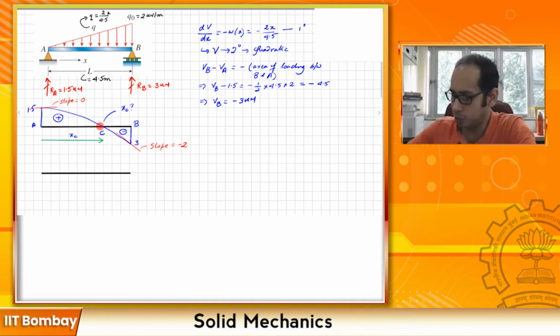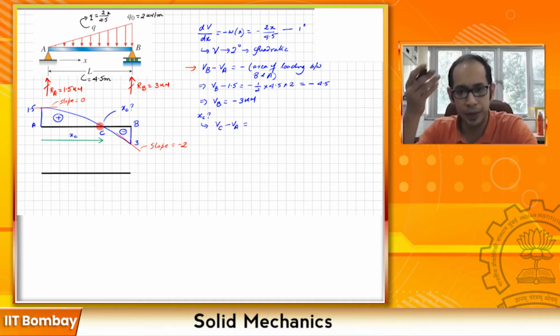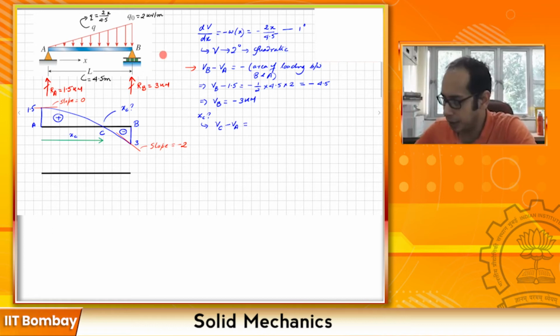So I'm again going to use the same kind of relationship which I had earlier. I'm going to write it again. I'm trying to find my XC. So I have VC minus VA is going to be the negative of the area of the loading diagram between C and A. So C may be happening somewhere over here. Remember, what I marked as XC is similar to this particular point.